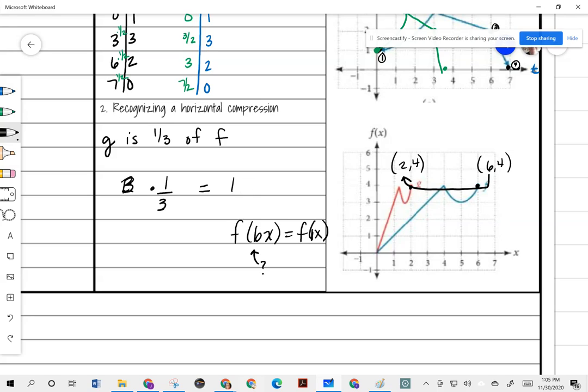So now my question is, what is going to be my b value? So if I were to multiply this side by 3, I can get b is equal to 3. So that is going to give me my equation. G of x is equal to f of 3x.